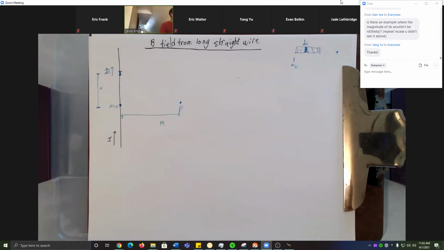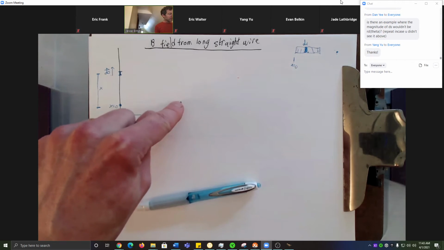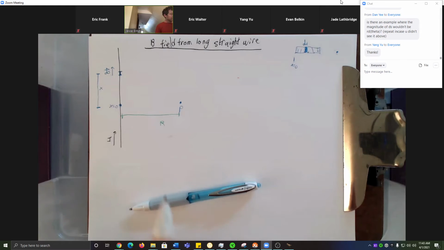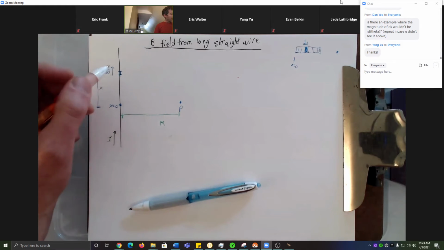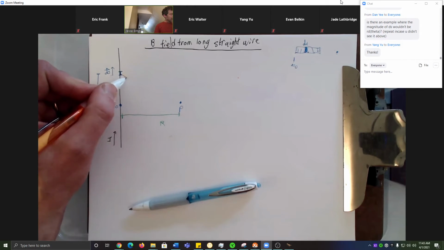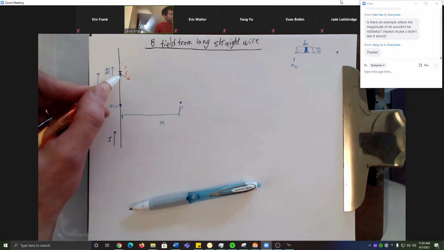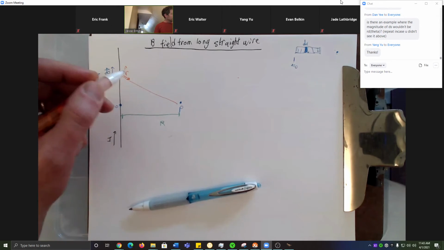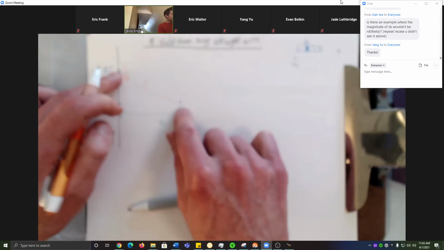All right. So first of all, let's figure out the direction. What's the direction of the B field here from this element? ds vector goes that way. R hat is a vector that goes from the element to here and has length 1. So that's R hat. This length is R, right? How far it is from the element to there.